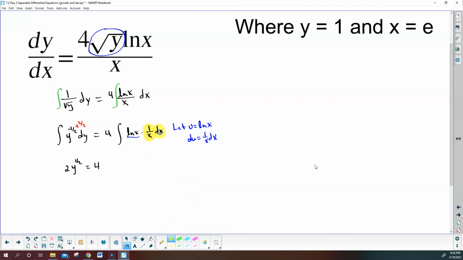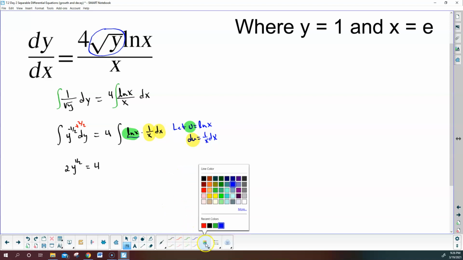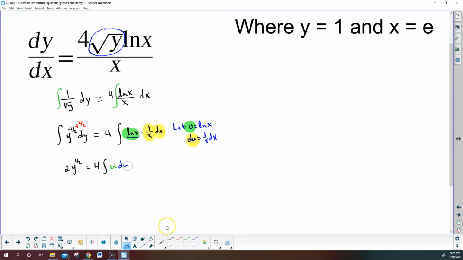So this 1 over x dx is going to be replaced by du, and then the natural log of x is going to be replaced with u. So u substitution will allow us to turn this integral into something that looks a little bit easier.